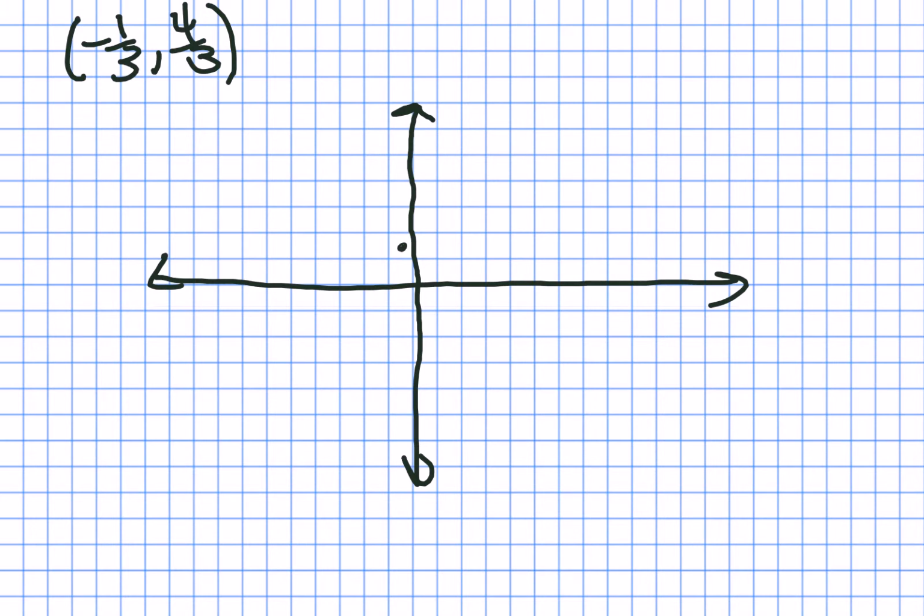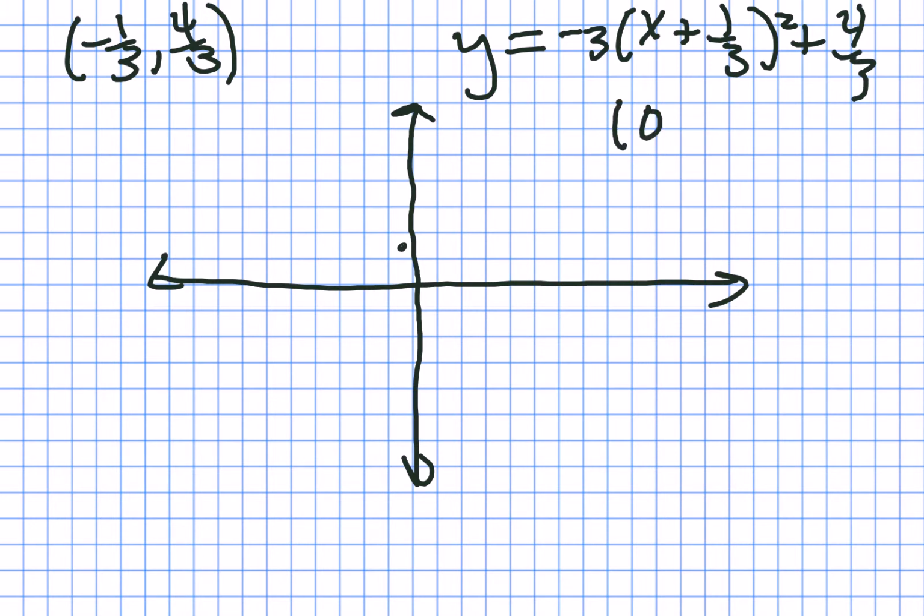We're graphing the whole function, so let me go ahead and write it here, just so we have it to look at. Plus 1/3 squared plus 4/3. Now what would my y-intercept be? Remember, your y-intercepts were x equals 0. So if I put 0 in for x, then that becomes 0.